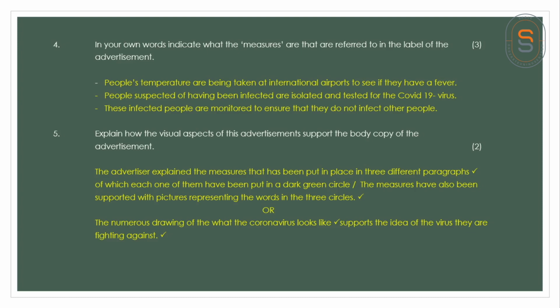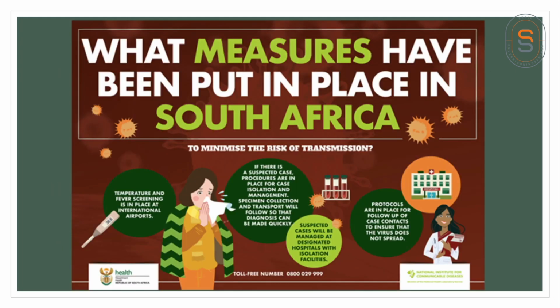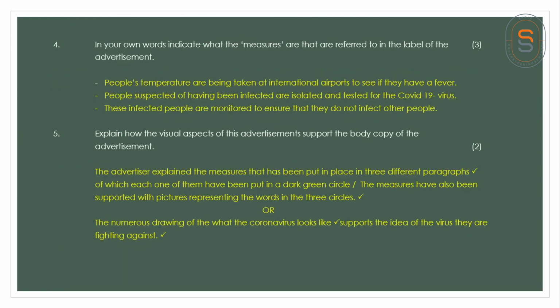Then, in your own words, very important, it says explicitly in the question, in your own words, I indicate what the measures are that are referred to in the label of the advertisement. So what are the measures? Now, if we go back to the advertisement, there it tells you, look at that green blocks, right? So you answer it. People's temperature are being taken at international airports to see if they have a fever.